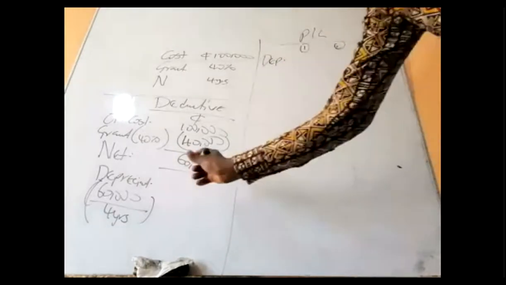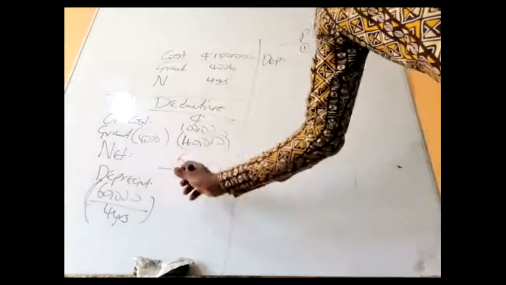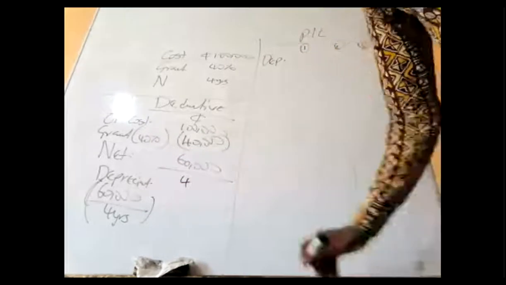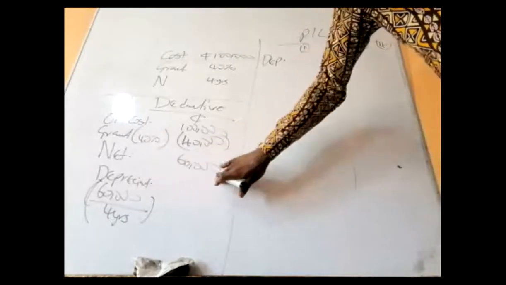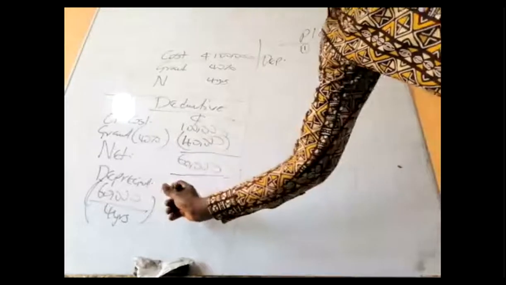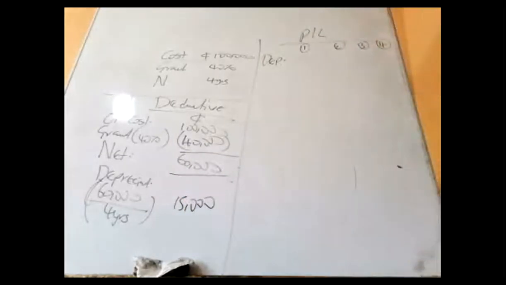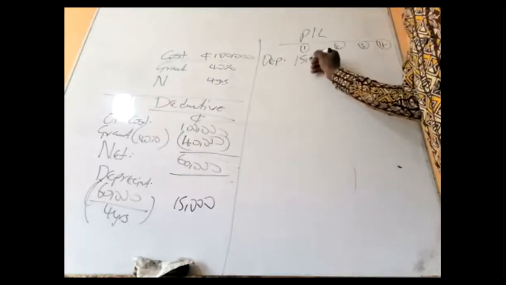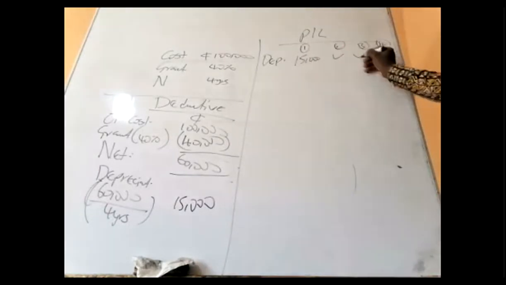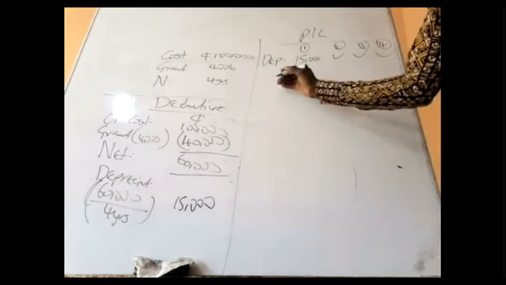Depreciation will be 60,000 divided by 4, which gives you 15,000. Agreed. So there will be 15,000 throughout: 15, 15, 15. Perfect. Then we are done with the P&L.